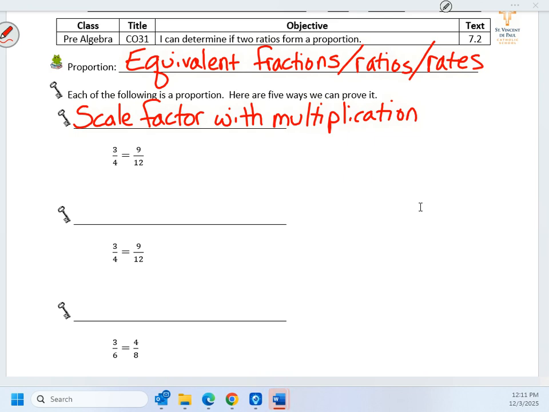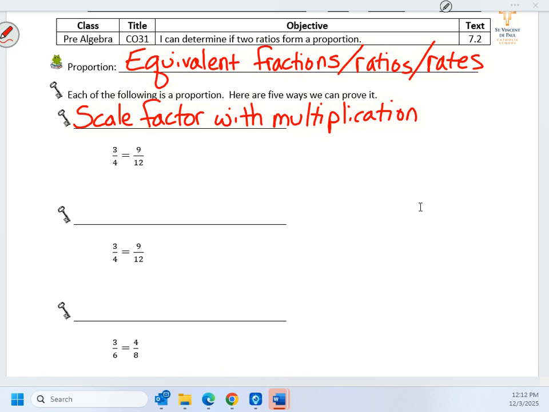What is the scale factor? Henry? 3? I'm looking more for a definition. When we say scale factor, what's a scale factor, Henry? Like what the smaller number has to be multiplied to equal the other number. What number you're multiplying both the top and the bottom by. That is the scale factor.